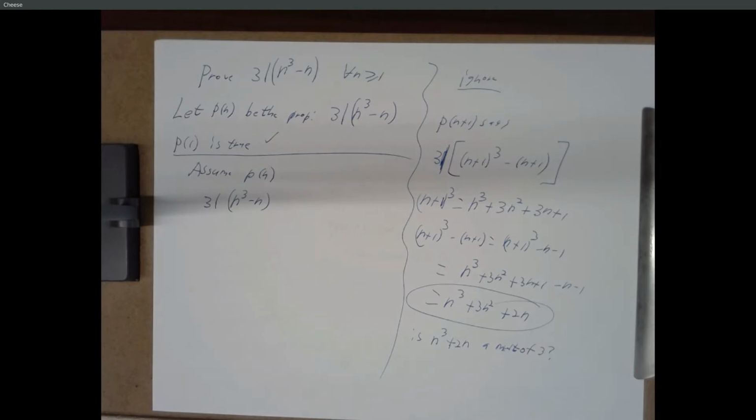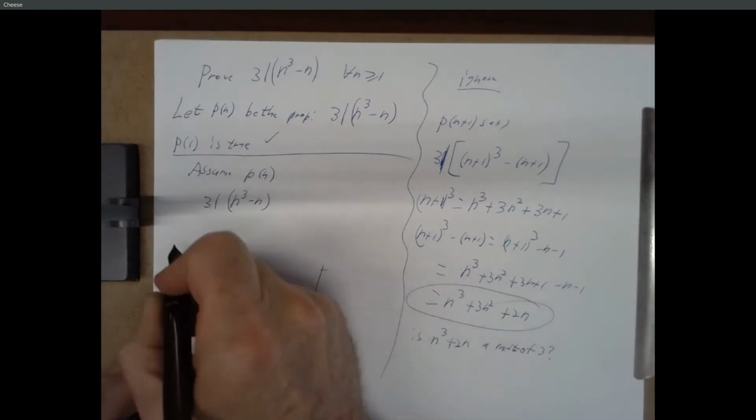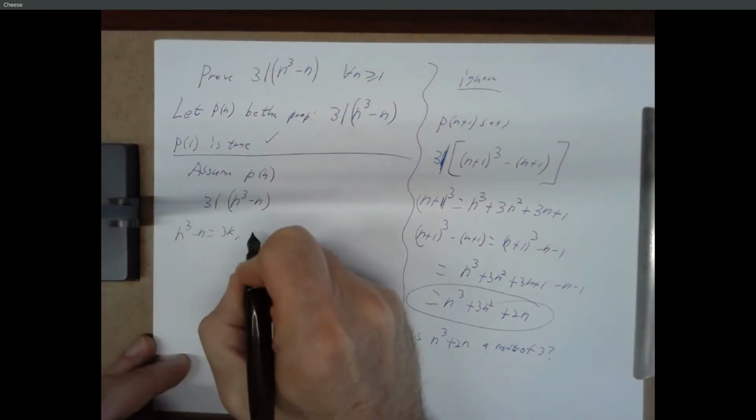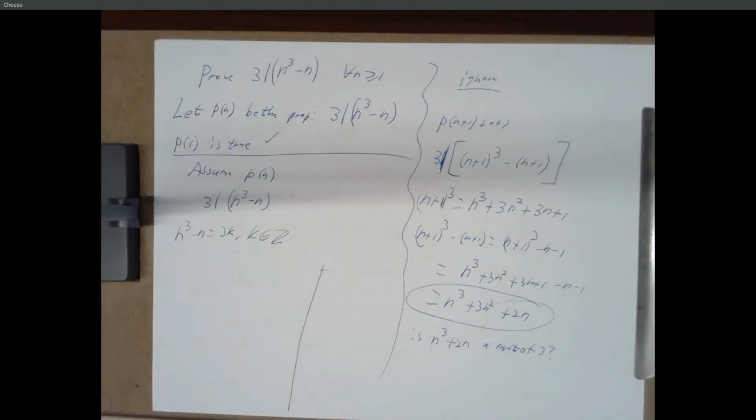Okay. So we can definitely write that. We don't need that in the ignore section, because that definitely follows from 3 divides.